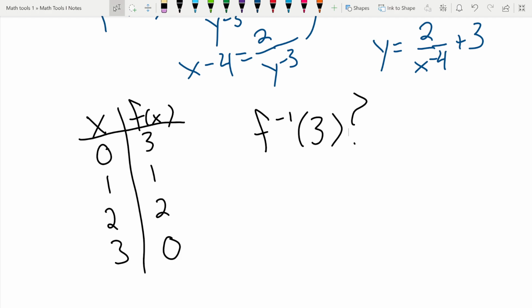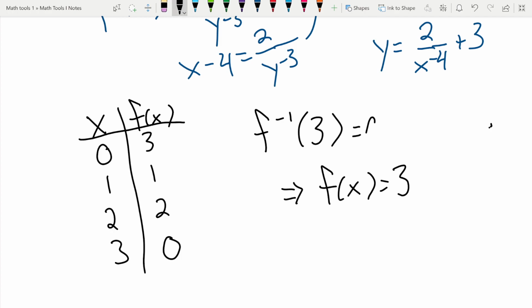So f inverse of 3 implies that f of x equals 3, right? Because the x's and the y's are flipped. So you're looking for the x value when f is equal to 3. In this case, you're going to get 0.